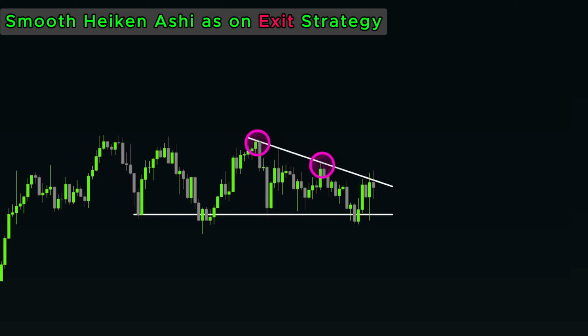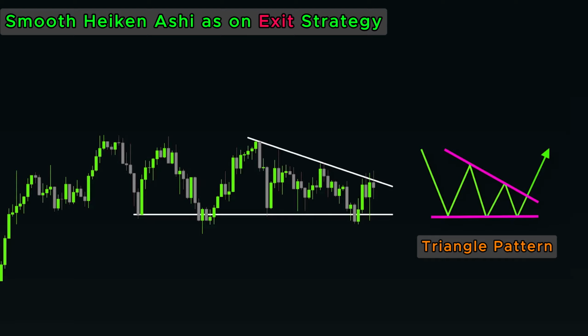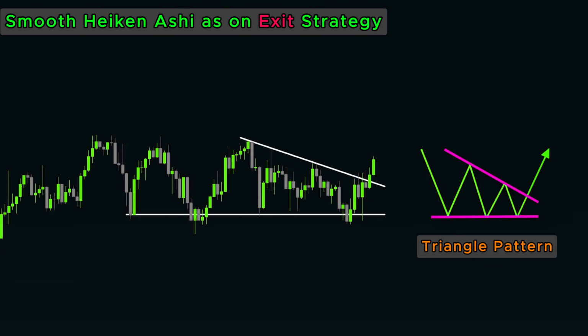Now, if we take a closer look at this price formation, it's actually a descending triangle pattern. And in this type of chart pattern, price tends to form a breakout after it breaks either one of these key levels. And right here, it actually broke the upper level, which means that a breakout is likely going to happen to the upside. And to take advantage of this, you can open a buy position here.